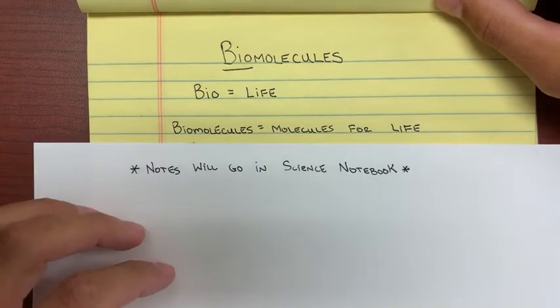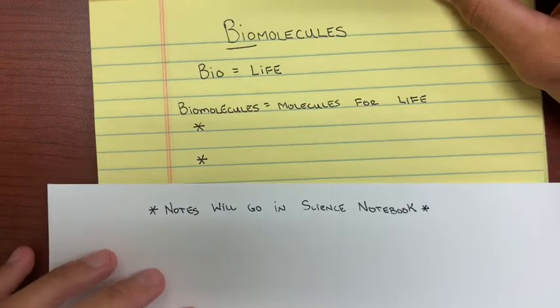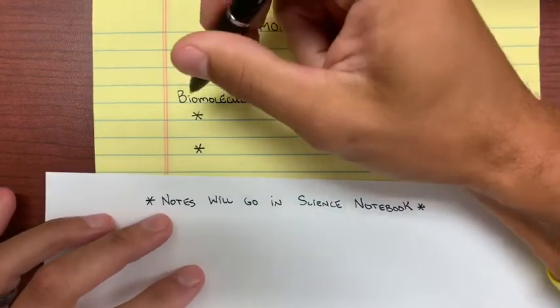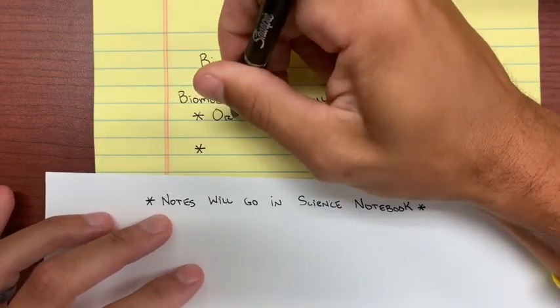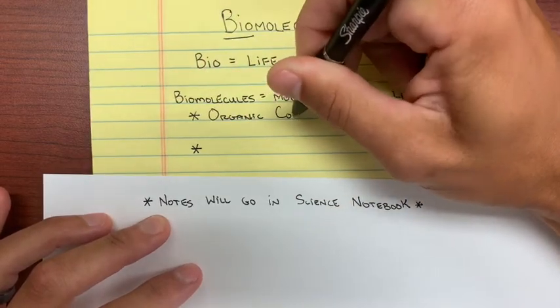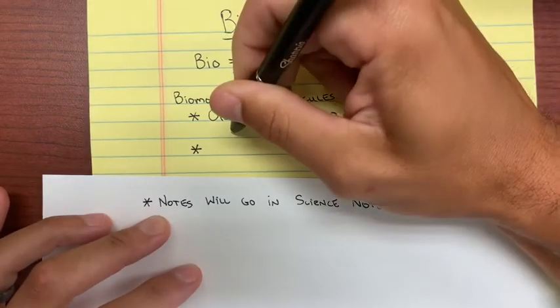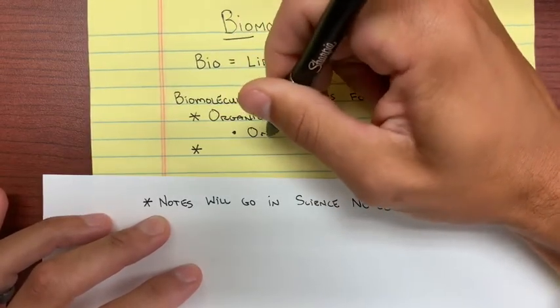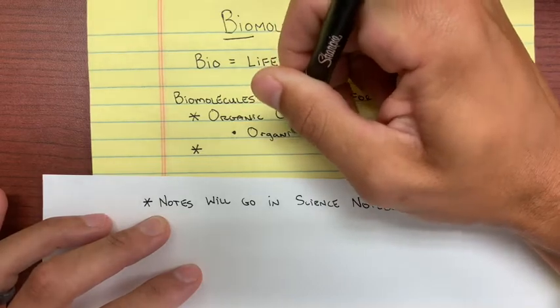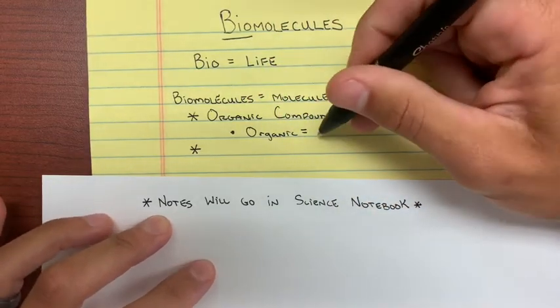So a biomolecule is a molecule of life, and it's also called an organic compound. Okay, and the word organic means that it is made with carbon.